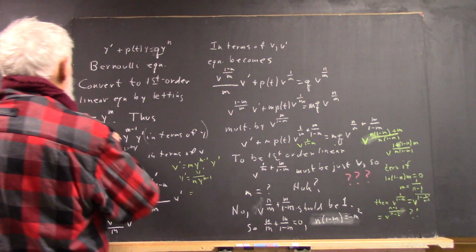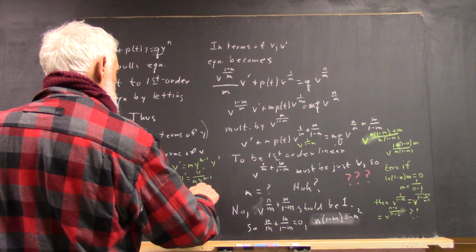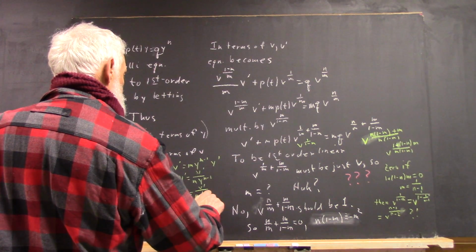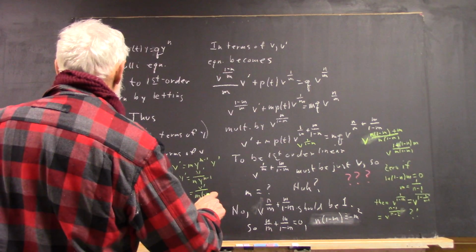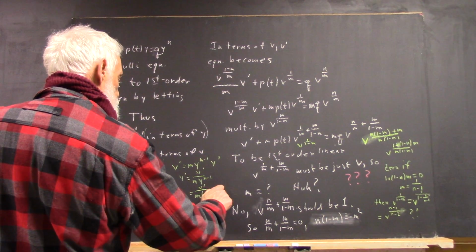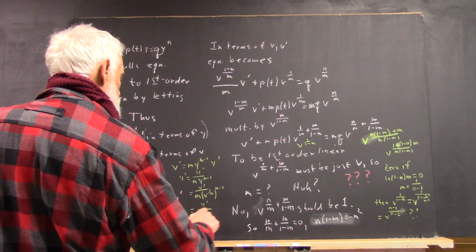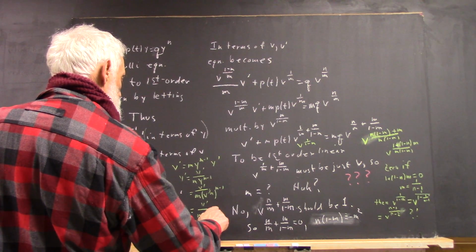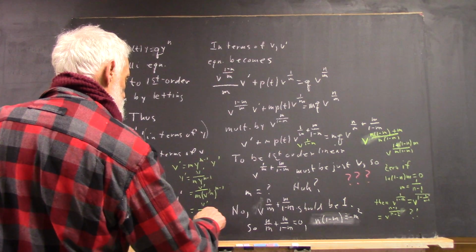But of course, y is v to the 1 over m, so that's v prime over m times v to the 1 over m, raised to the m minus 1. That's v prime over m v to the m minus 1 over m.